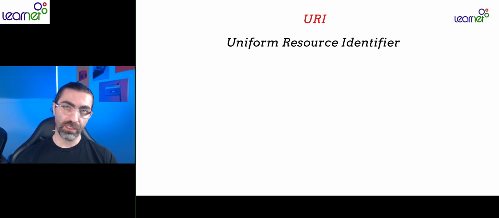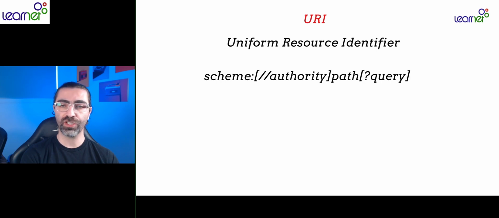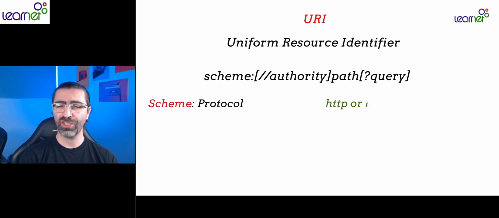The other parameter you need to put in your API call is the URI, as we saw in the previous slides. URI stands for Uniform Resource Identifier, and this is the syntax of the URI: scheme, authority, path, and query. Scheme is basically your protocol. Are you going to use HTTP or HTTPS?